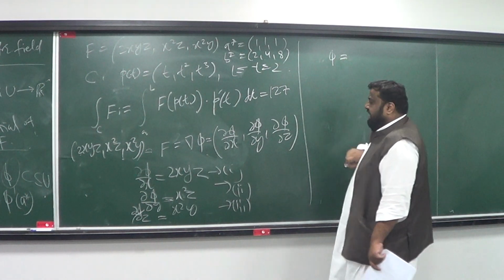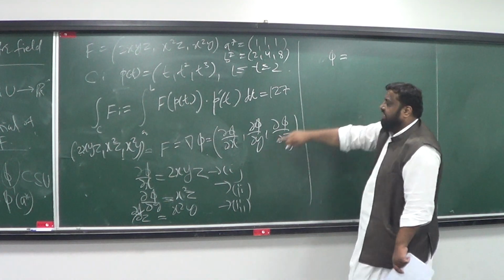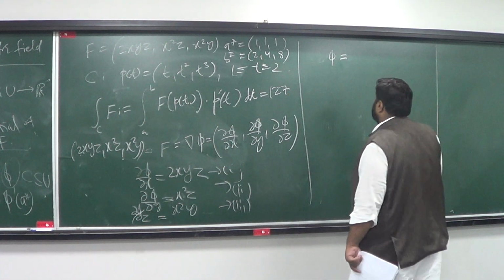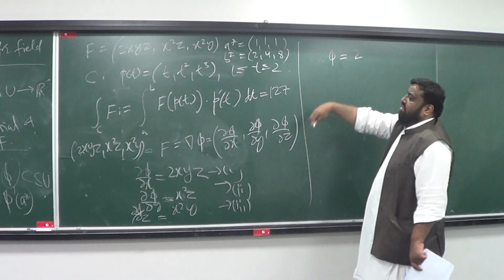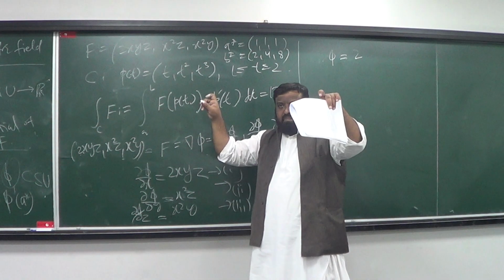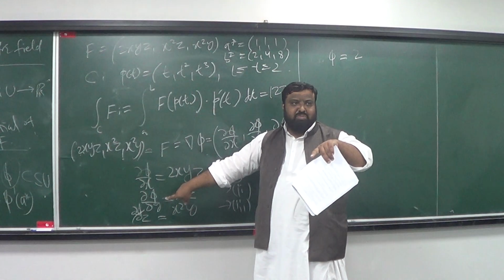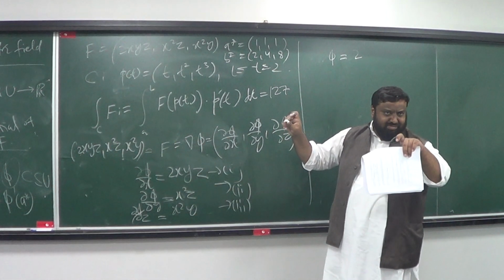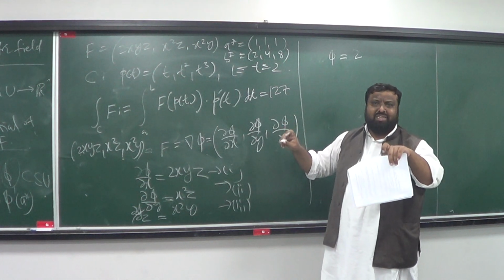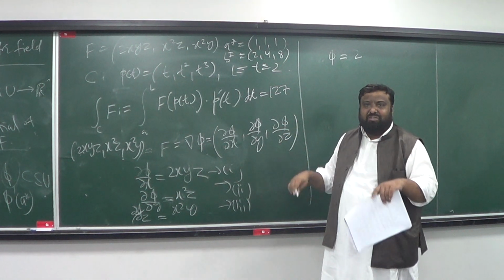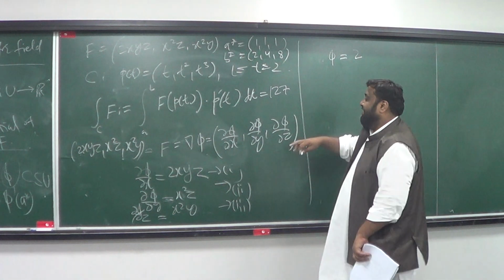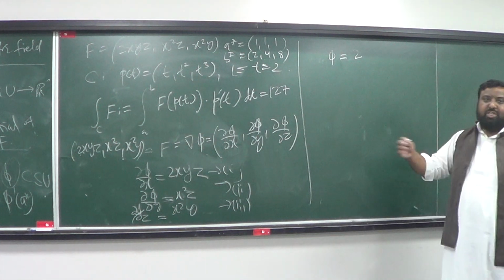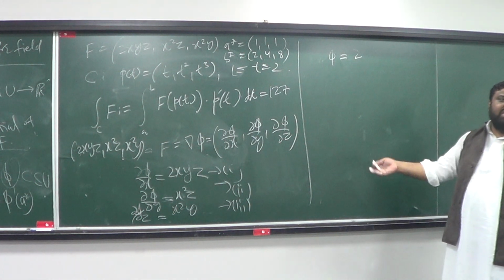So when you integrate this side with respect to x, what are you going to get? Roughly you are partially integrating, because this is partial differentiation. There is nothing like partial integration, but just formally speaking, you are partially integrating with respect to x, and you are assuming y and z as constant.